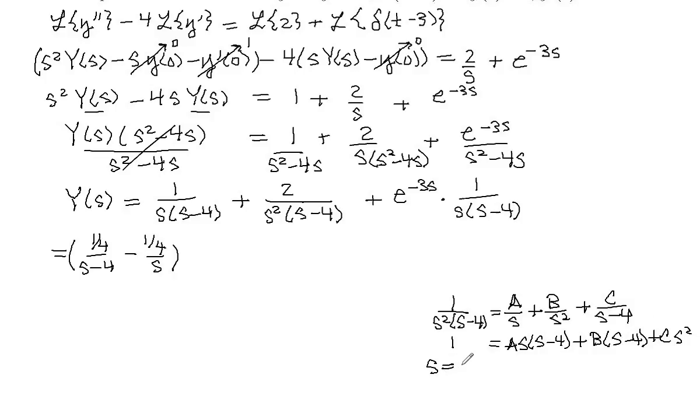Plug in s equals 0. We get 1 equals, this term drops out, this will be a negative 4, so negative 4b, and then this term drops out. So b is negative 1/4. S equals 4 gives 1 on the left-hand side. On the right-hand side, this term drops out. This term drops out. So let's see, 16c. That means c is 1/16.